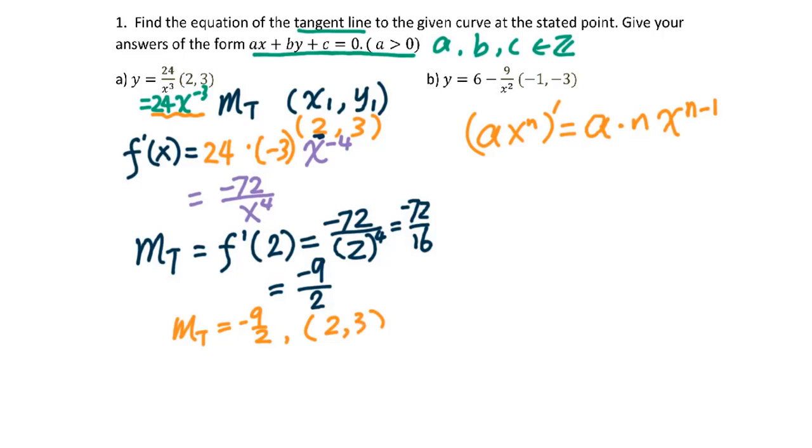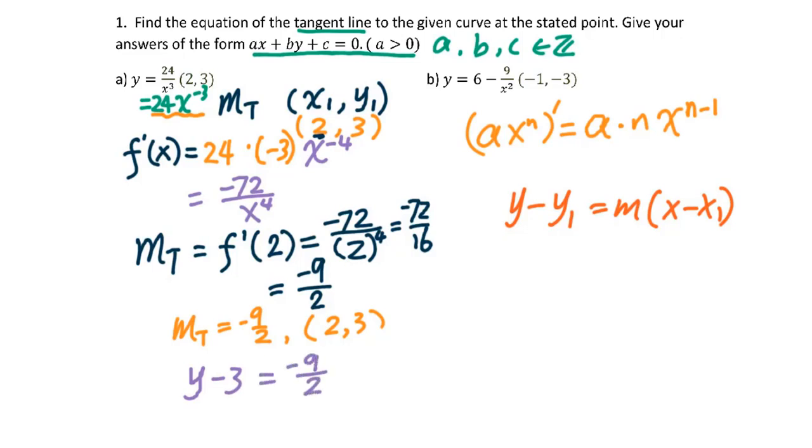Now we can use point slope form for a linear function. That is y minus y1 equals slope times x minus x1. To write down the point slope form for the tangent line, you will get y minus 3 equals negative 9 over 2 times x minus 2.